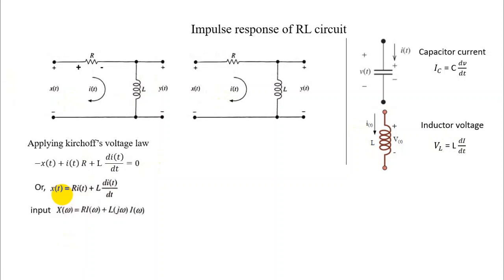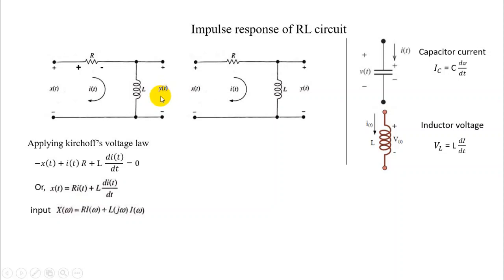To have the impulse response we need the transfer function, and the transfer function is nothing but the ratio of output and input in the frequency domain. Here we have the input in the frequency domain, but we need the output of the system in the frequency domain. This portion represents the output of the system.